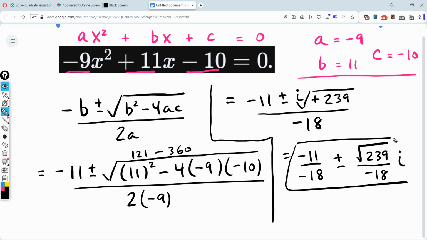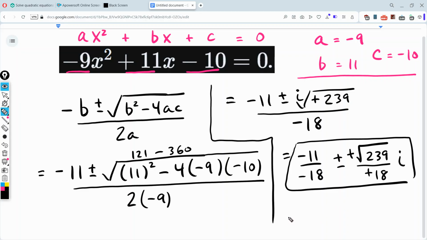Okay, the only thing I'm thinking of, they might make this positive because it's negative over negative. And really, they can get rid of this negative. Why? Because it's plus minus. See, 239 over negative 18, you could just move the minus sign there. And plus minus, minus minus, it's the same thing. You're either adding a negative or 2 negatives make it positive. All right?